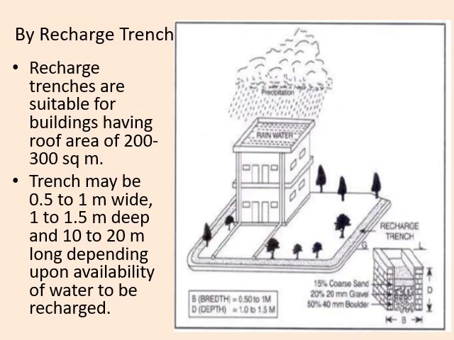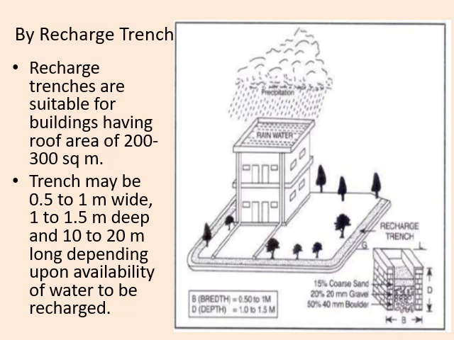Next is recharge trench. Trenches are suitable for buildings where the recharge area or the rooftop area is more, 100 to 300 square meter. The trench may be of width 0.5 to 1 meter and depth 1 to 1.5 meter, and it will be long because the shape is a trench, 10 to 20 meter long, depending upon the availability of water to be recharged.